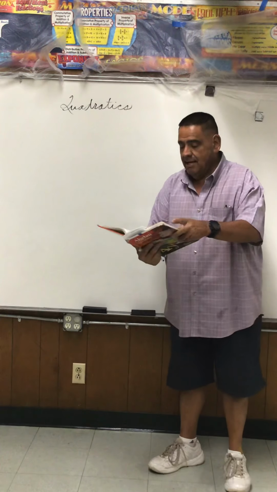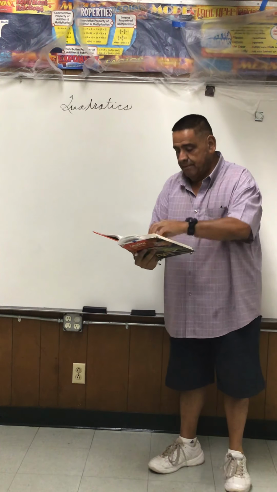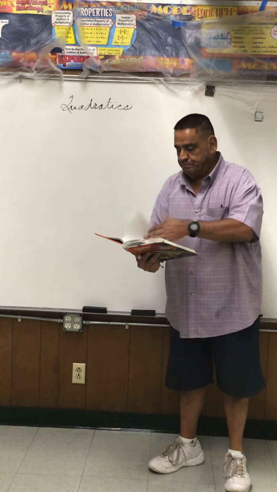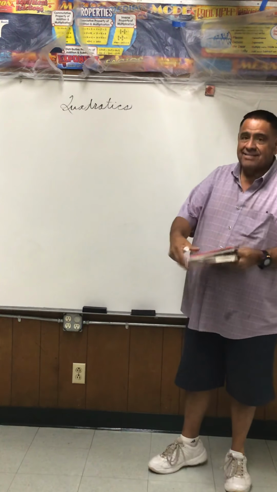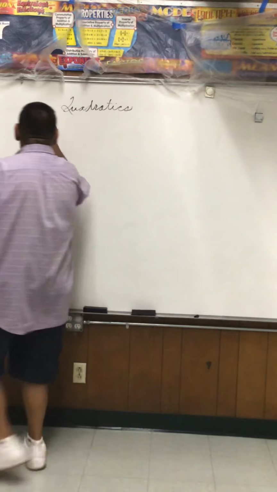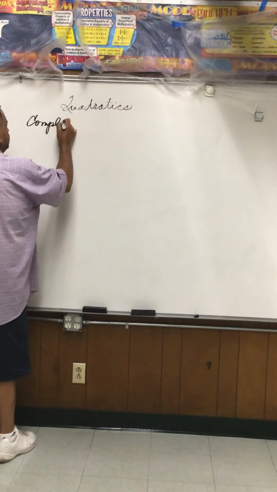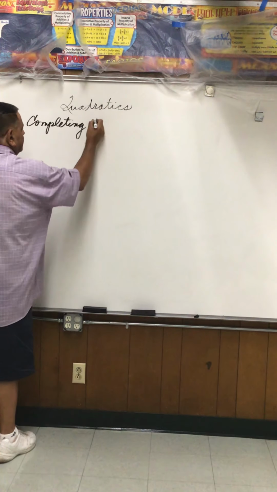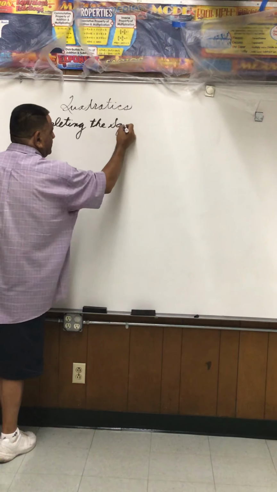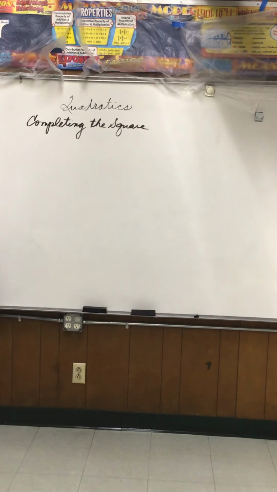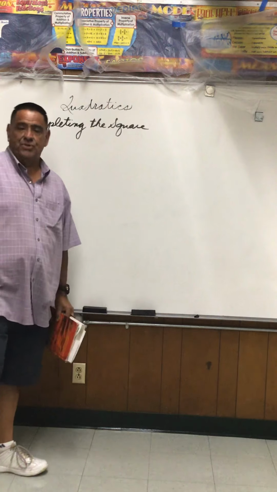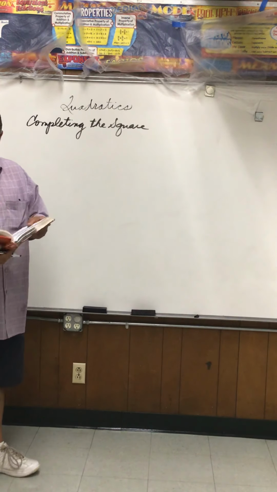Now, today, on the other section, we are going to begin the next type of quadratic, which is called completing the square. Now, this one is going to take steps, so you've got to follow. Look carefully, all right?